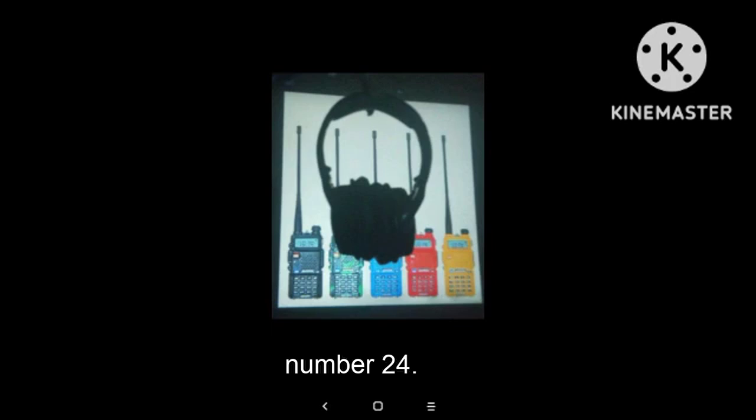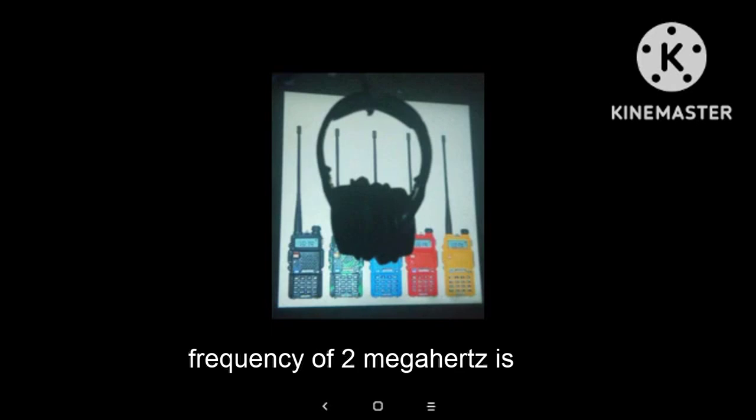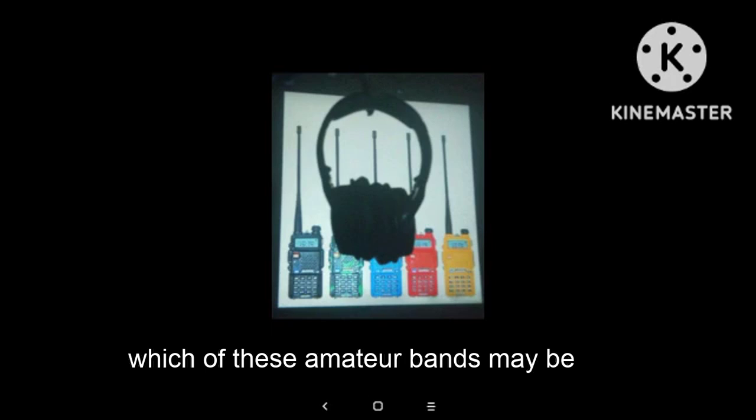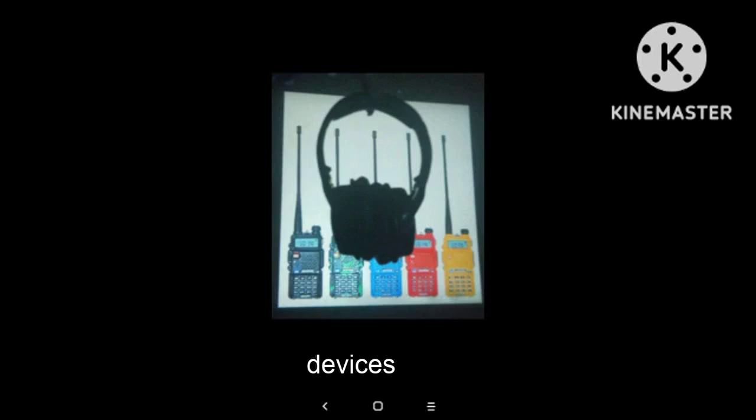Number 24. The wavelength corresponding to a frequency of 2 megahertz is 150 meters or 492 feet. Number 25. Which of these amateur bands may be heavily occupied by license-exempt devices? 902 to 928 megahertz.